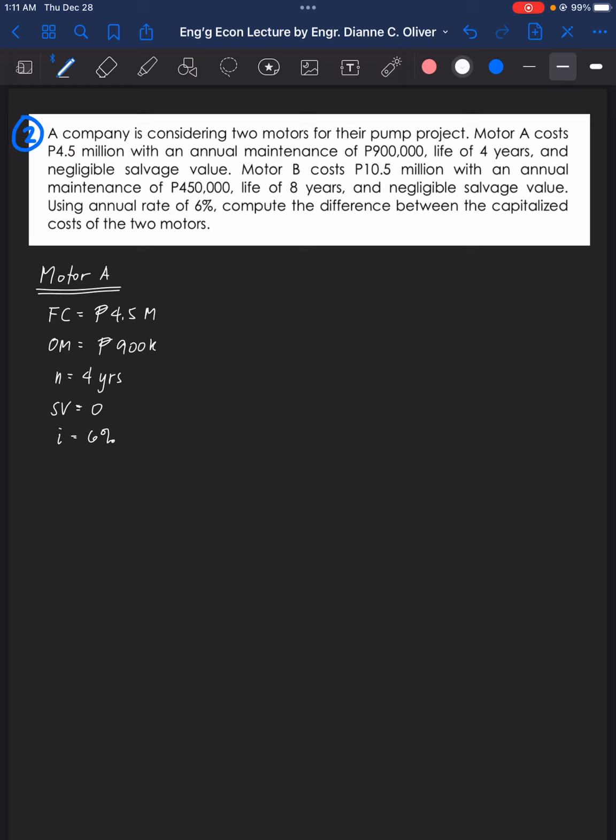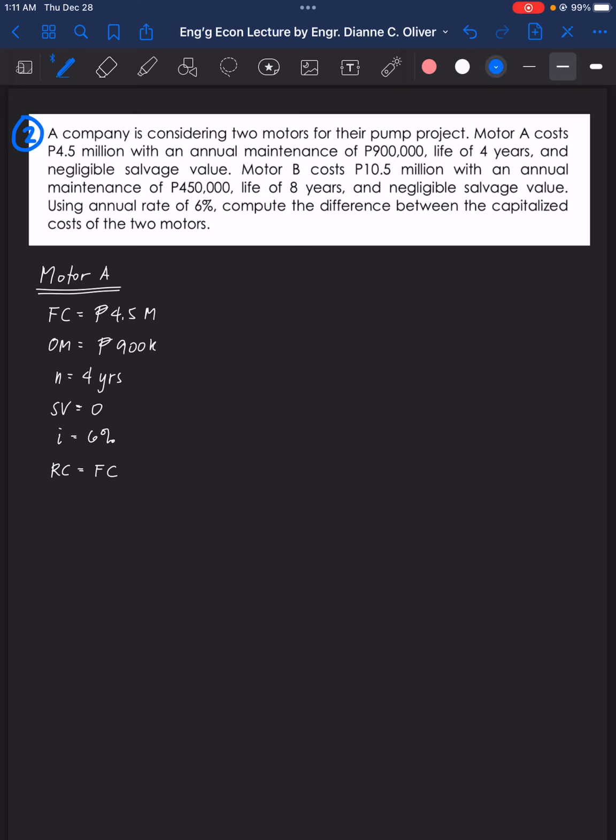Yes. If the RC or replacement cost is not mentioned, therefore RC is equal to first cost. Why is it that there is a RC in this problem?